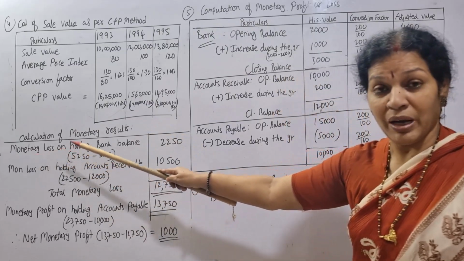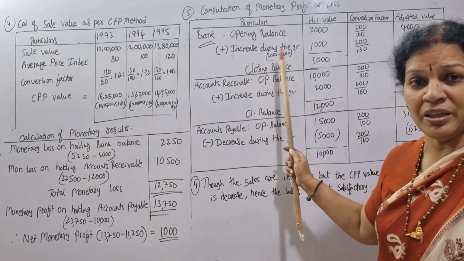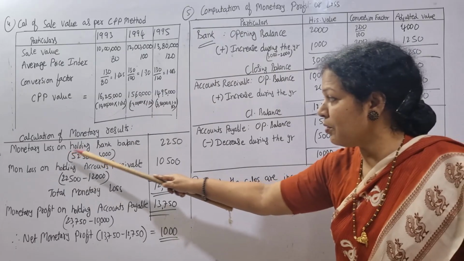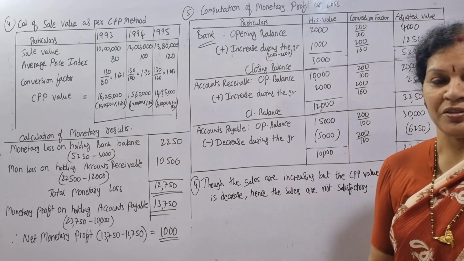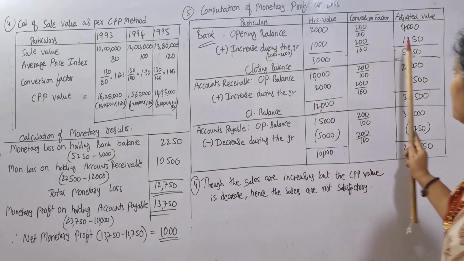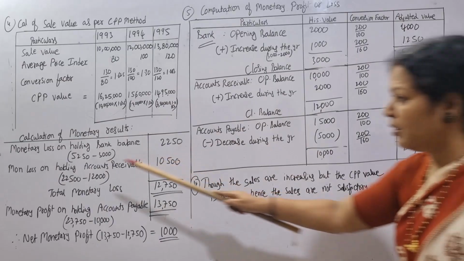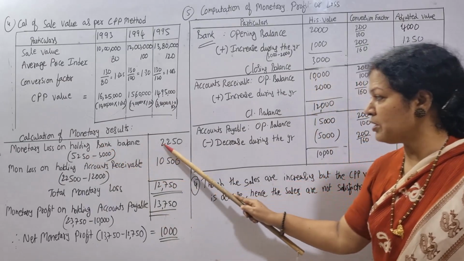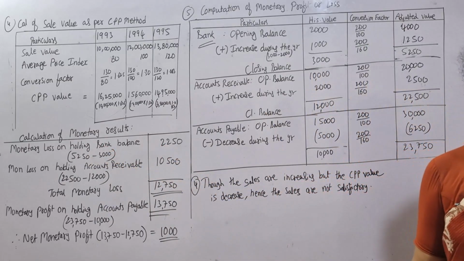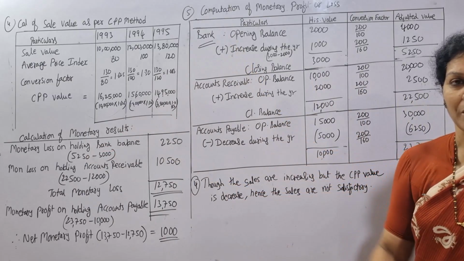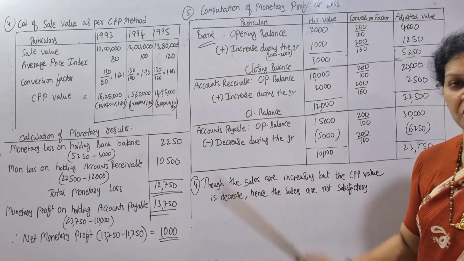So that is what we are mentioning, monetary loss. Why are we saying monetary loss? Because of holding the bank. Monetary loss on holding bank balance. How much? The difference, 5,250 minus 3,000, which comes to 2,250. Bank is over. Next, accounts receivable.